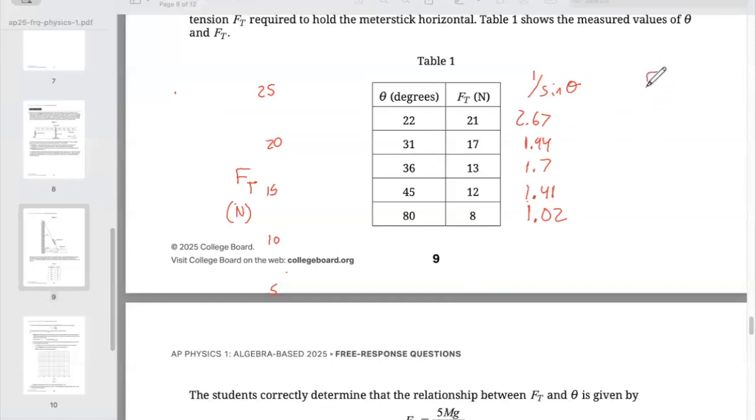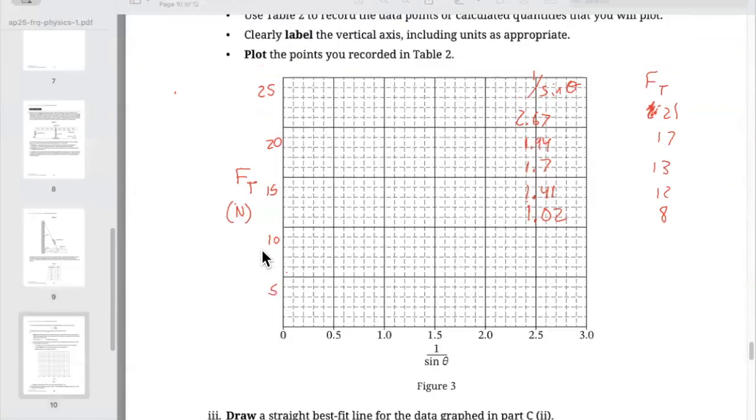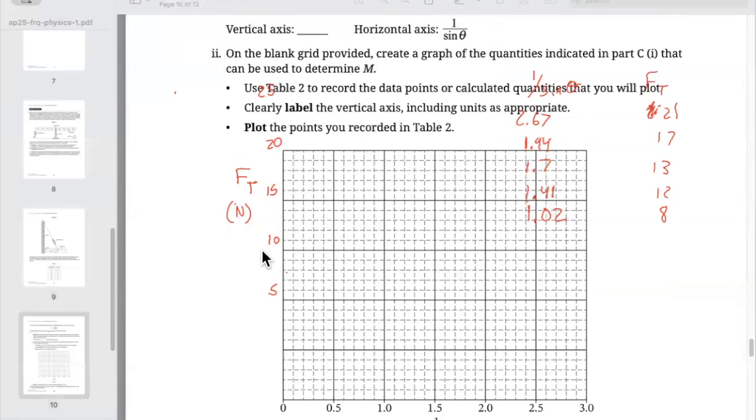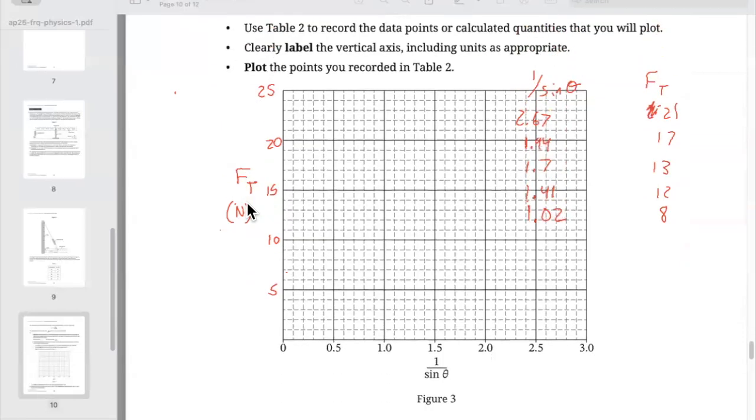I am also going to just rewrite tension over here as 21, 17, 13, 12, and 8. And if we plot all of that, we should get a straight line then. So let's go down here. Oh, okay. They really did not scale their sine values all that well. All right, so 1 goes along with about 8. I scrolled down a little bit too little.